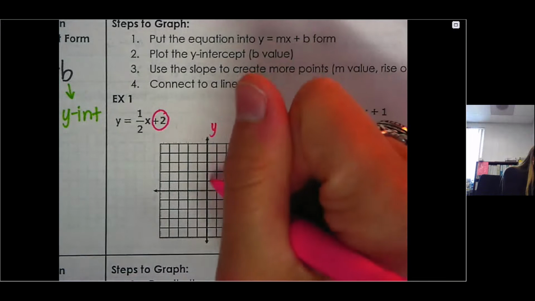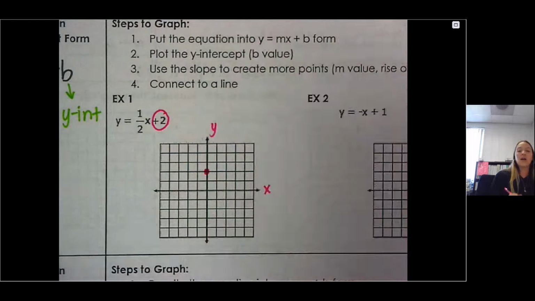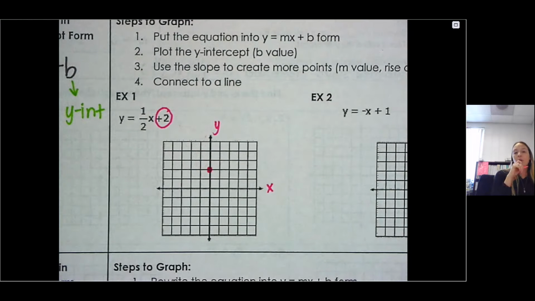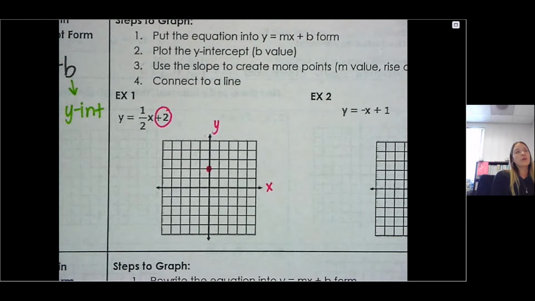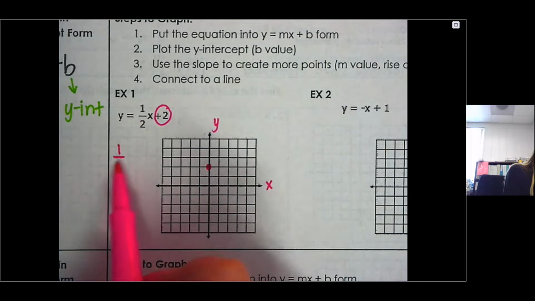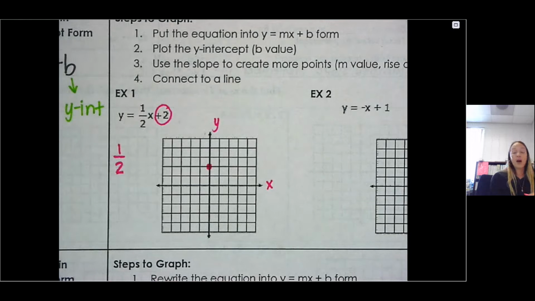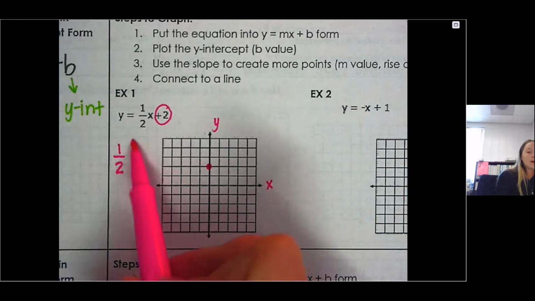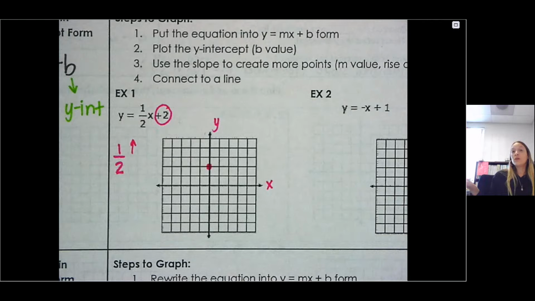One of the issues we were having before was not knowing if it went up or down. What is the slope in this problem? 1/2. If it's 1/2, what does that mean? Up 1, and over to the right 2. I'm looking for right or left.